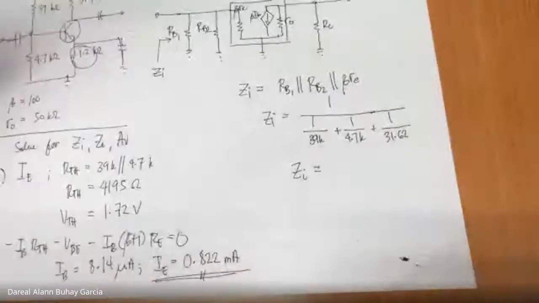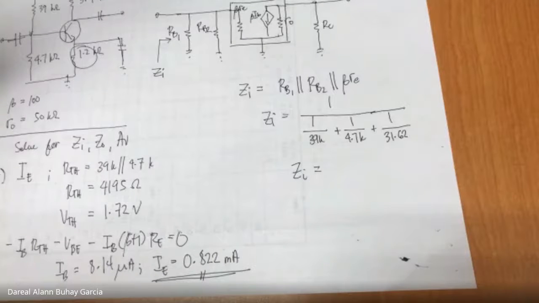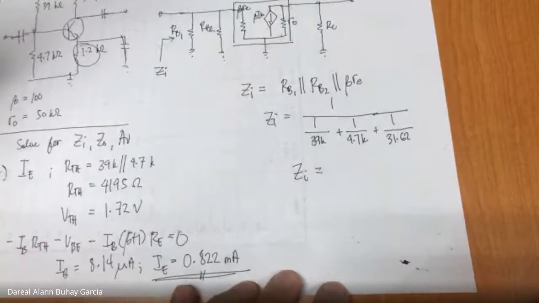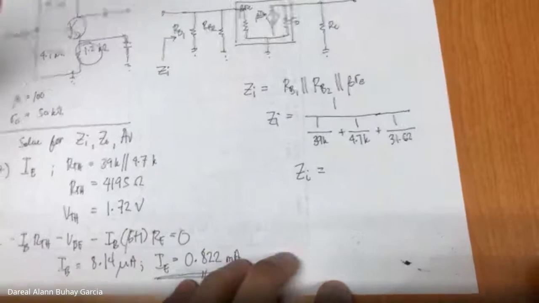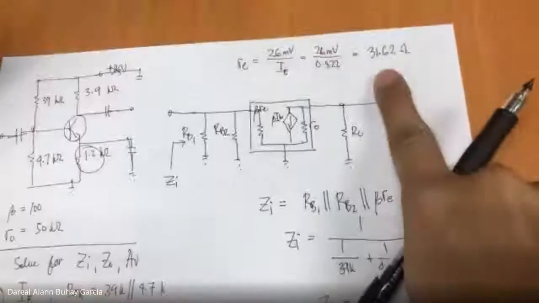Therefore, the input impedance is equal to 31.38. Ang dul-dul sa itong RE.